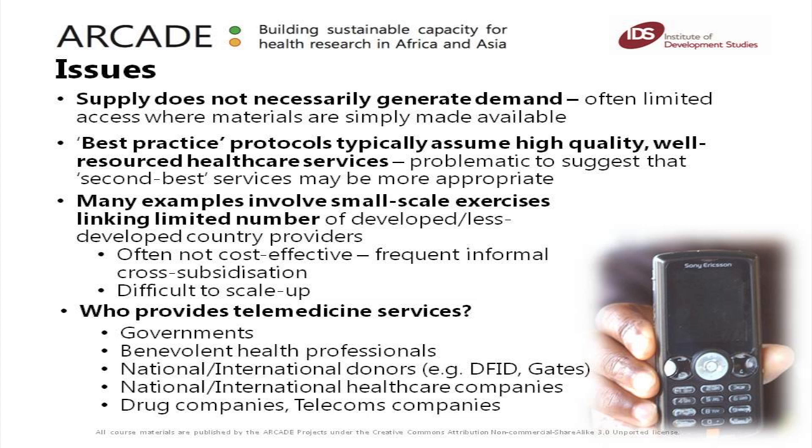Third issue is that a lot of the interventions that you read about are actually very small-scale exercises, and they often link developed, less developed areas of a country, and a lot of it is on the basis of goodwill. It's people who want to be helpful, providing assistance.